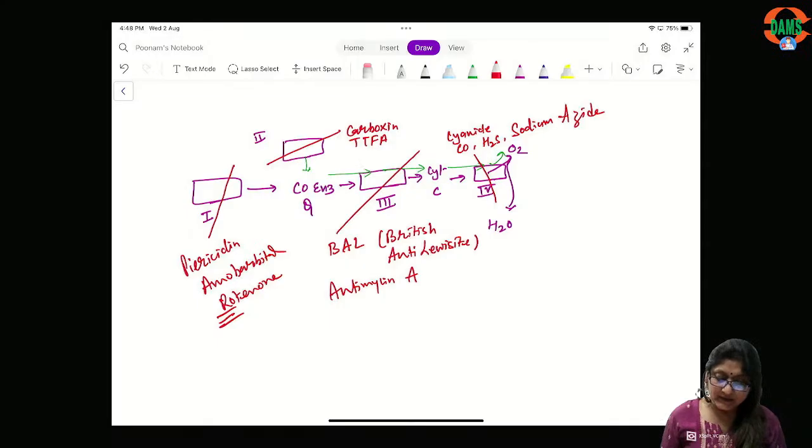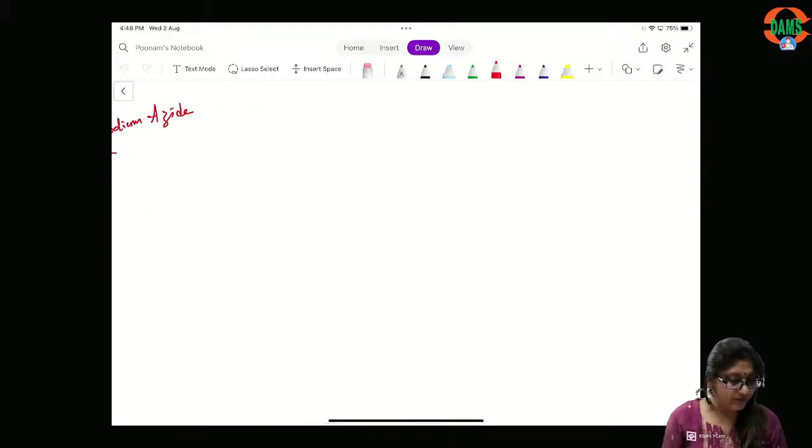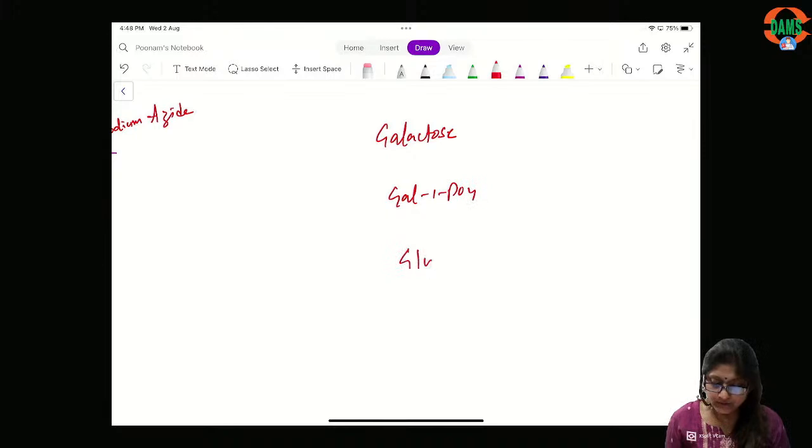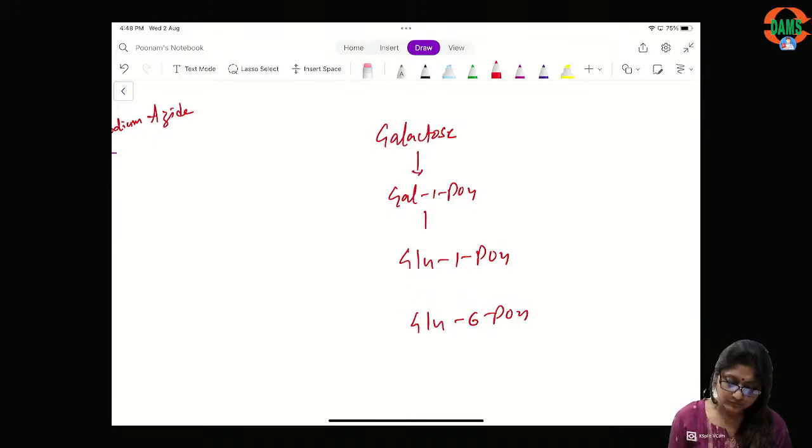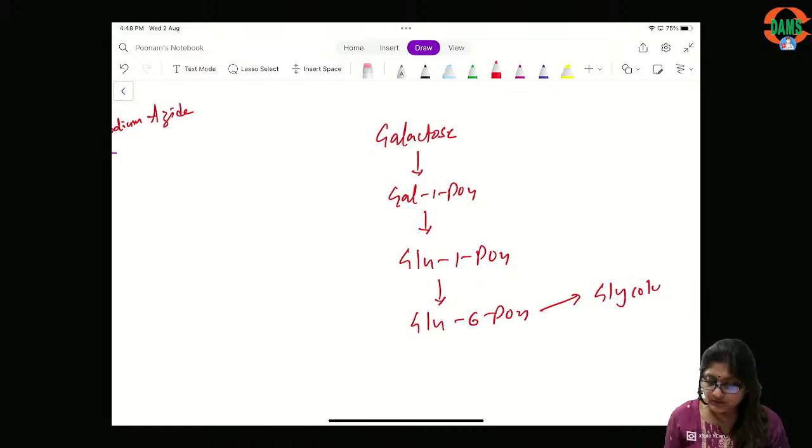So in classical galactosemia, what enzyme is deficient? Now that becomes the next question. So this is galactose and this is galactose 1-phosphate. This is going to be glucose 1-phosphate and this is going to be glucose 6-phosphate, which is used for glycolysis, for glycogenesis, etc. This is galactose metabolism.